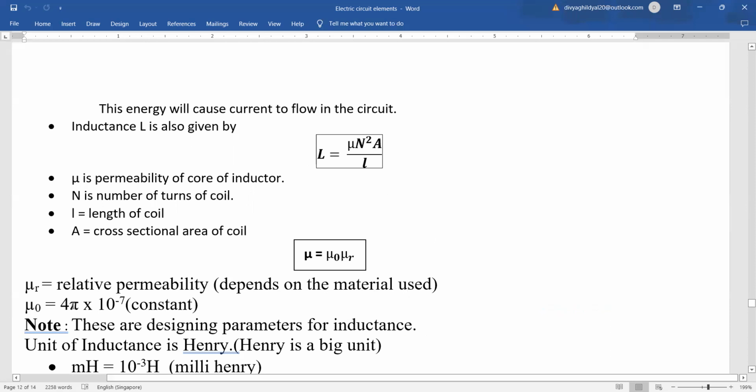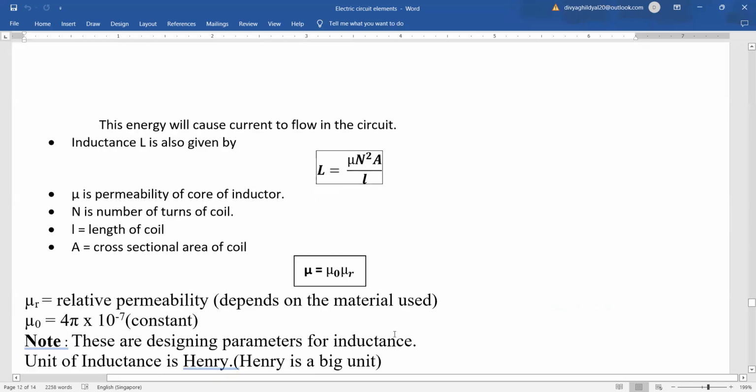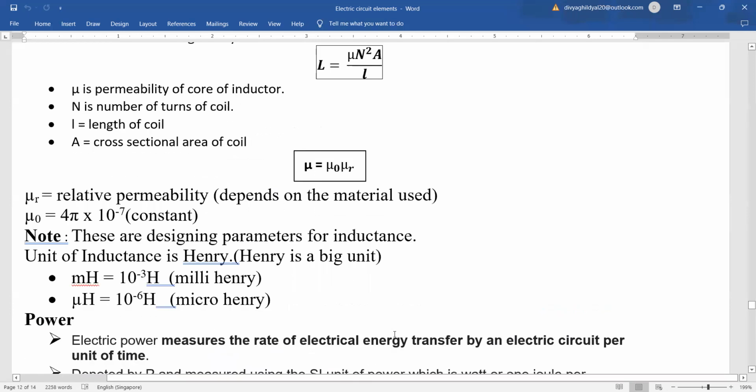Mu naught is 4 pi into 10 to the power of minus 7. These parameters are basically the designing parameters for an inductance, and the unit of inductance is Henry. Other commonly used units are millihenry, that is 10 to the power of minus 3, and microhenry, 10 to the power of minus 6.